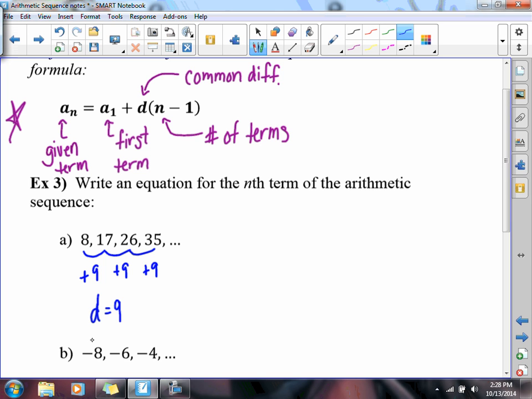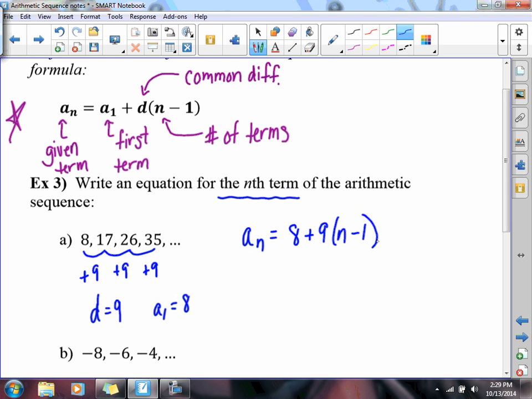And I know my first term, I know a1, my sequence started at 8. So let's see if I can substitute some of this into this formula up above now. Now I'm trying to find the nth term, so I'm going to leave the n in the equation. So I'll have my a sub n, my a1 is 8, my d is 9, and then I'll have the n minus 1.